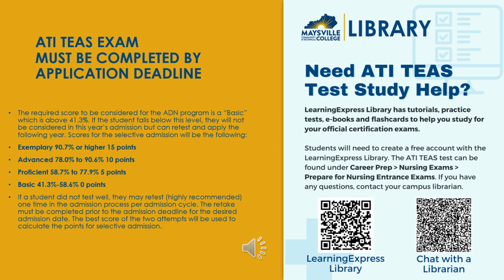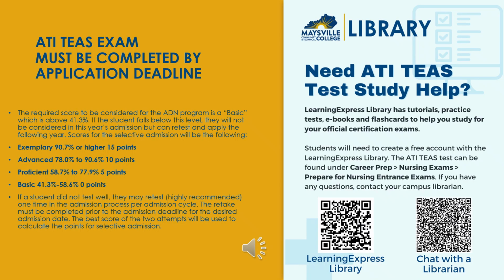If you fall below that level, we will not consider you for the program, so I highly recommend that you retest it. Again, I highly recommend that you study for the TEAS exam, but that will help you get a better score. So basic is considered a 41.3 to 58.6. You will receive 0 points if you get that basic score.